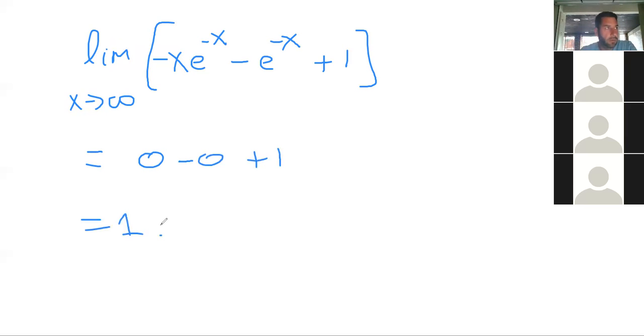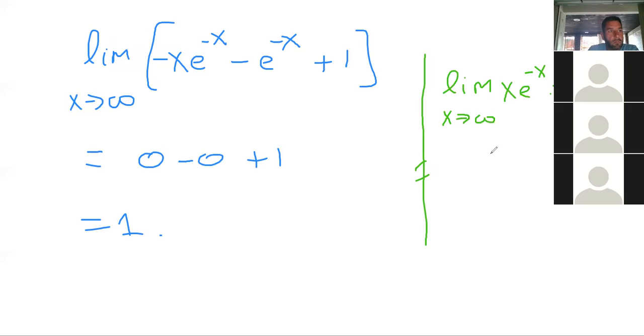This limit, the first piece, requires L'Hopital's rule. So it's not obvious, or it shouldn't be. So you might want to review L'Hopital's rule and see why that's the case. But that was the purpose of this problem.